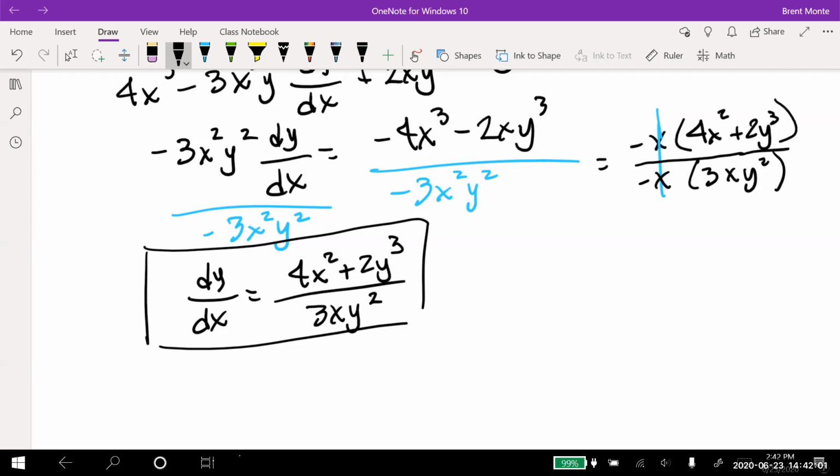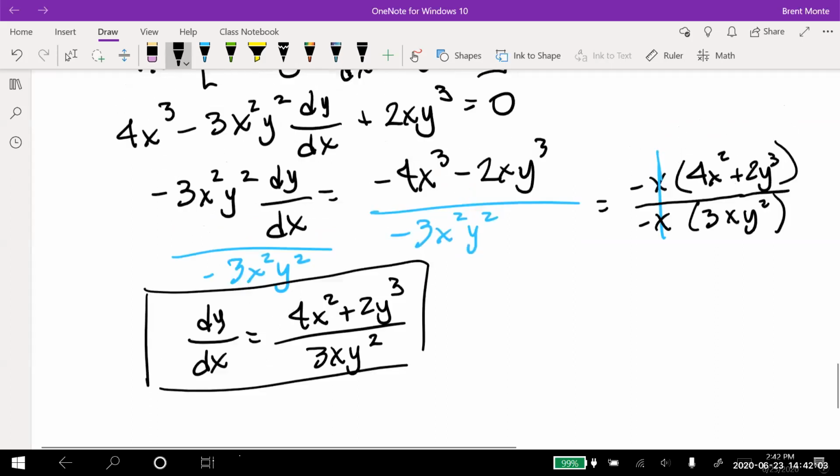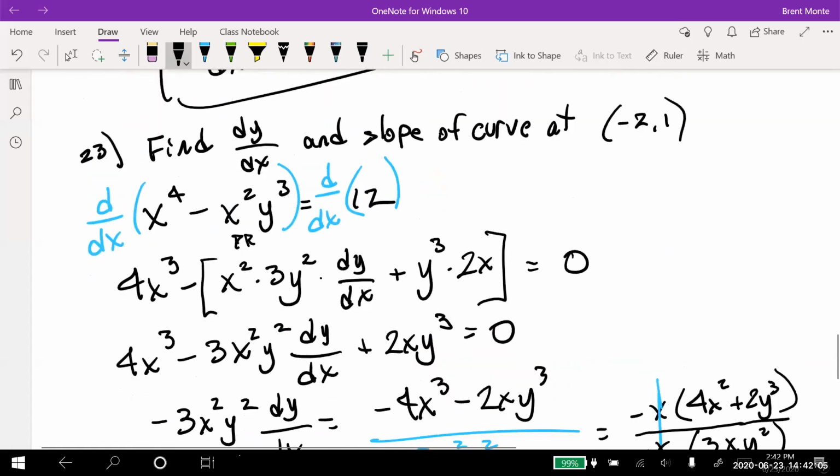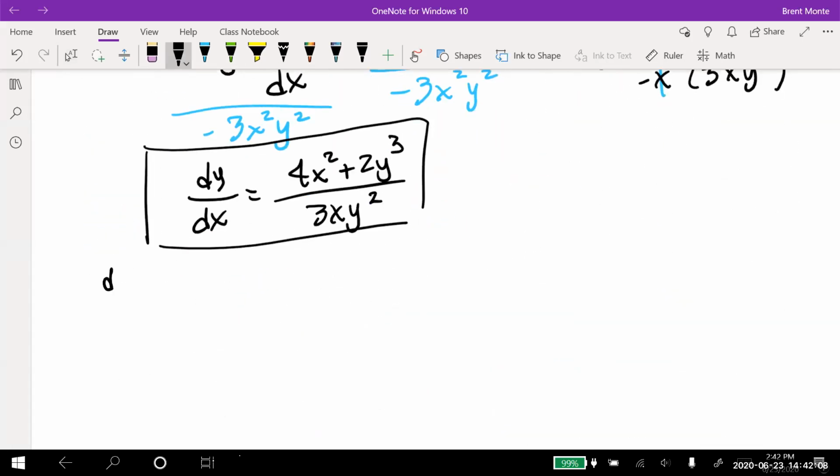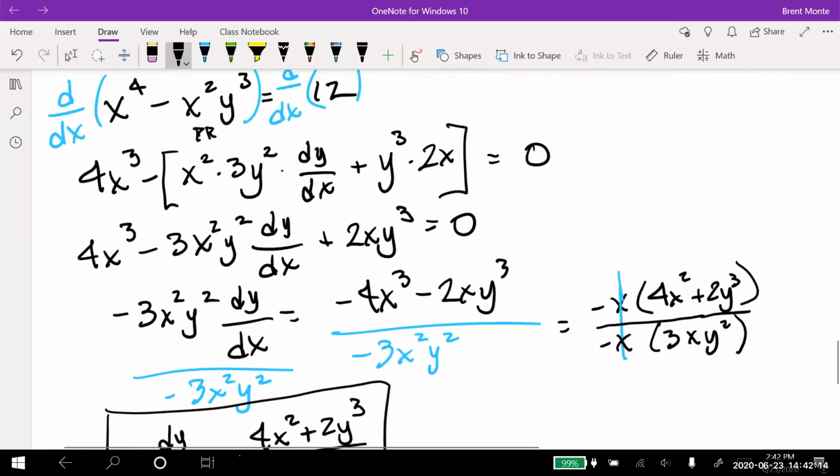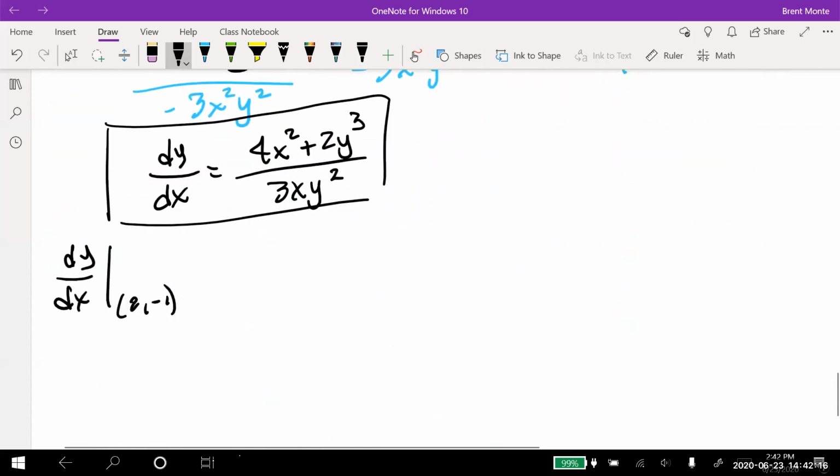And now I want to evaluate it at the point they gave me. So dy/dx evaluated at negative 2, 1.